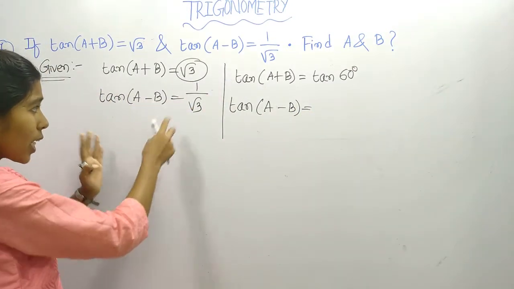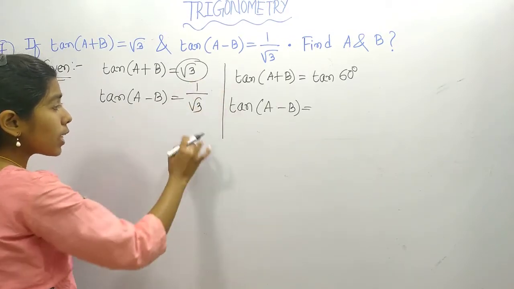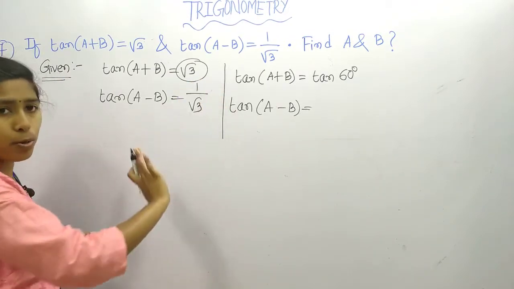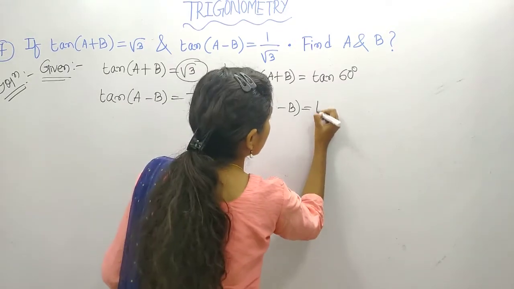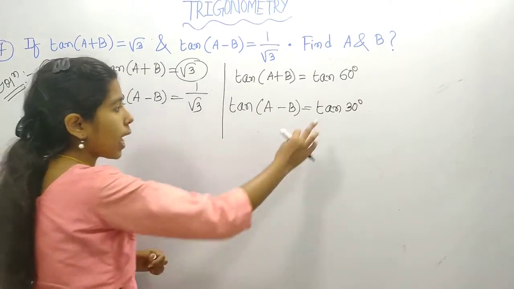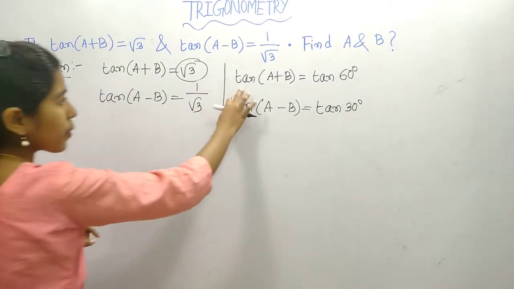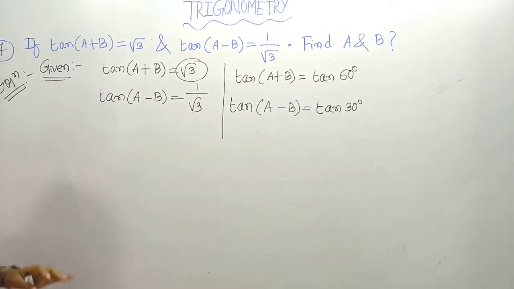In the trigonometry table you can find that tan 30 degree value is 1 by root 3. So instead of 1 by root 3 we will write tan 30 degree. Now you see, tan will cancel each other.